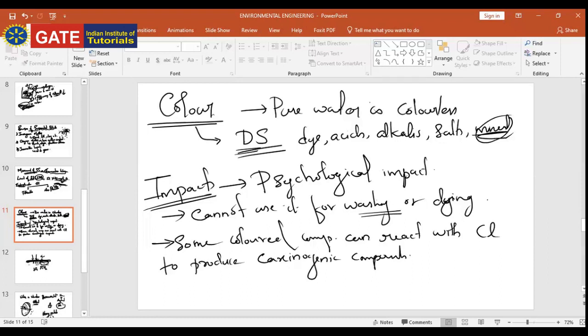And the fourth one will be some colored compounds. Now you can write the same. Some colored compounds can react with the chlorine. Actually, chlorine in its molecular form is Cl2. Okay, can react with the chlorine to produce, instead of carcinogenic, you have to write odor and taste. Some colored compounds can react with the chlorine to produce odor and taste.